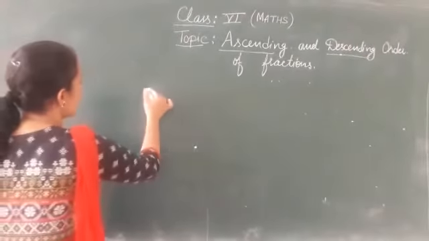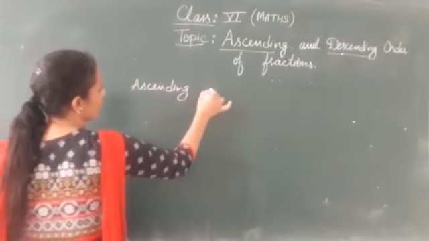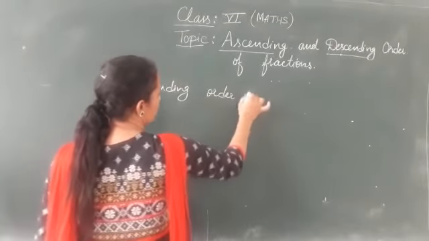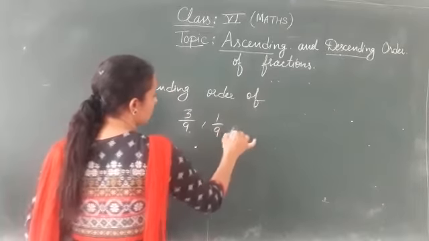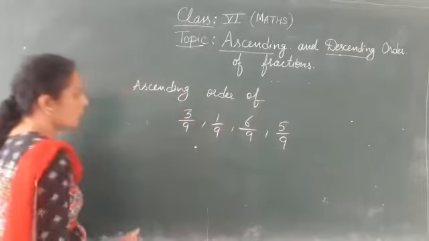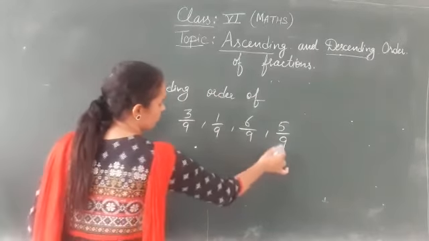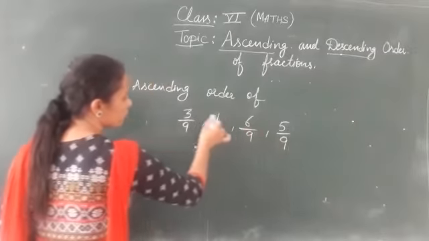Suppose you have to write the ascending order of 3 by 9, 1 by 9, 6 by 9 and 5 by 9. Whenever your denominators are same, you will check only the numerators.